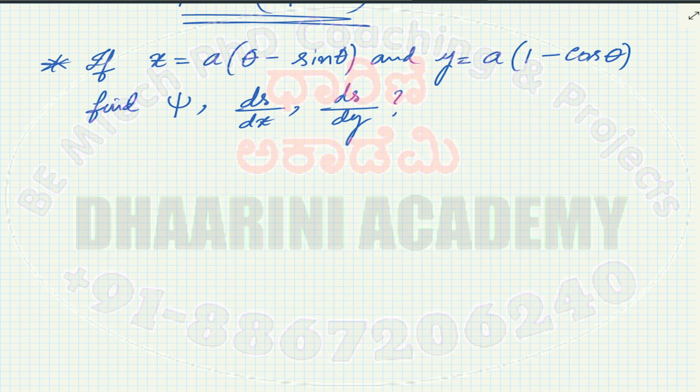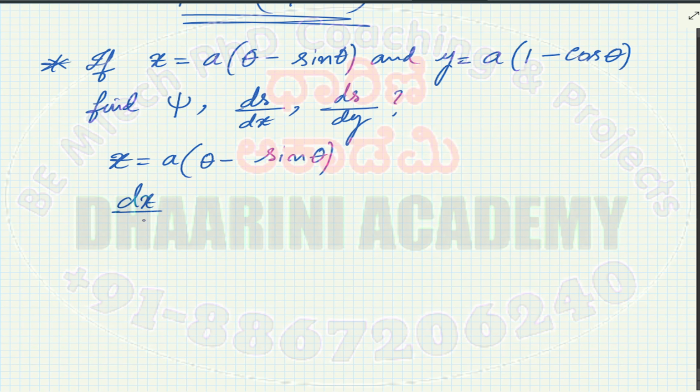Okay, so let's start with the given data. X is given as a into (theta minus sine theta). When this is given, I can directly find dx by d theta. Here a is a constant, so with a outside, differentiation of theta is 1, and differentiation of sine theta will be cos theta.